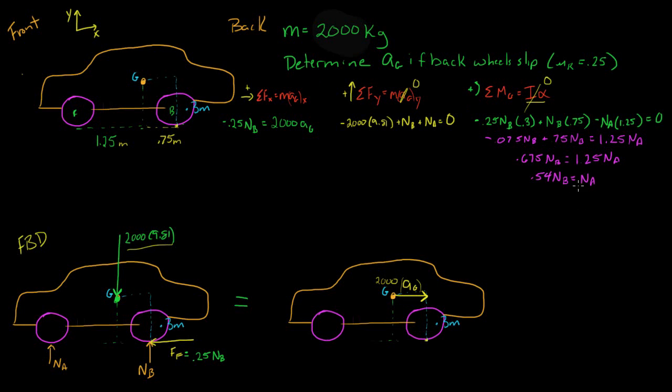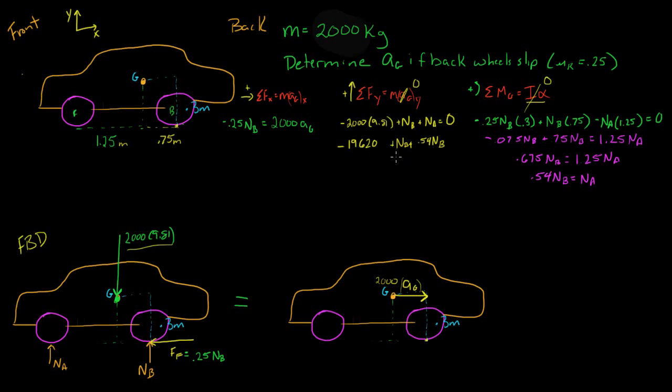So now we have an equation for NB and NA. What we can do is bring it back into this equation right here. So we're going to have 0.54 NB plus NB and minus 19,620.